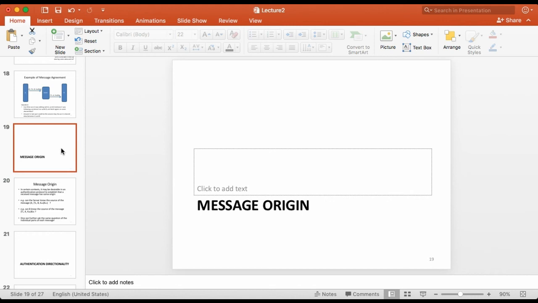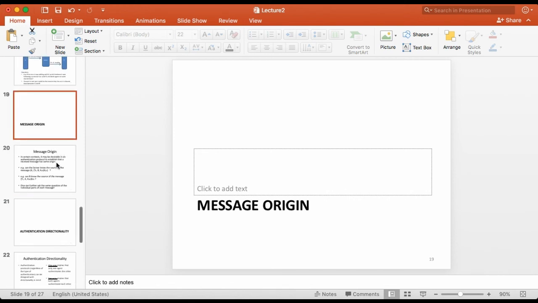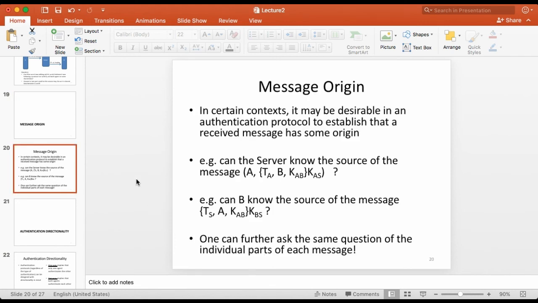They're not properties of the things that we're receiving, of the messages or the data that we're receiving. And for that type of properties, we call them message origin. That's something that we want to understand: what the origin of a particular message is, for example.